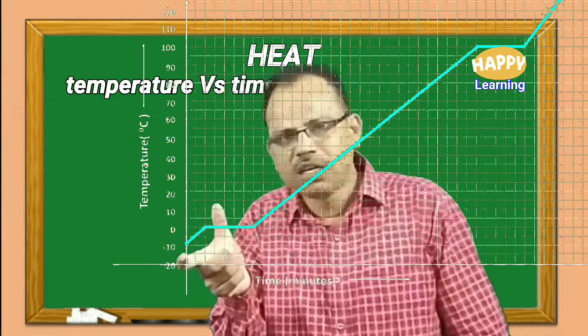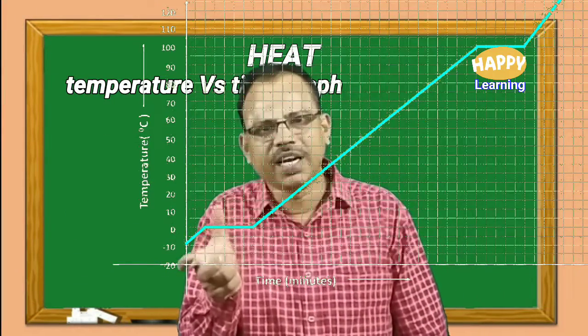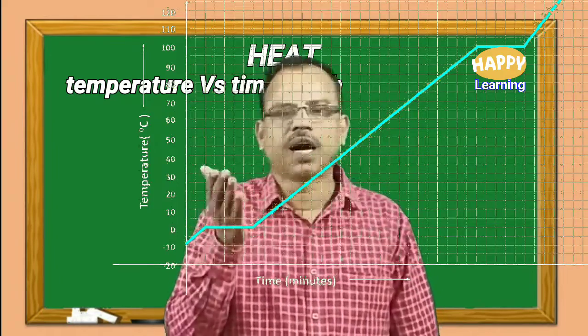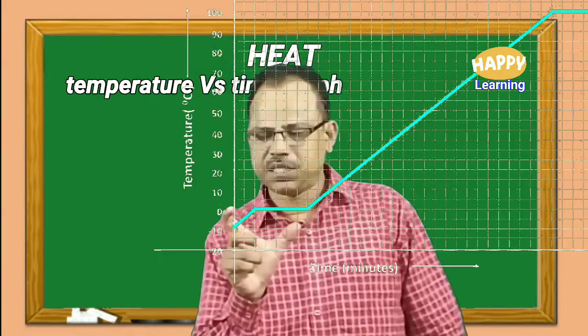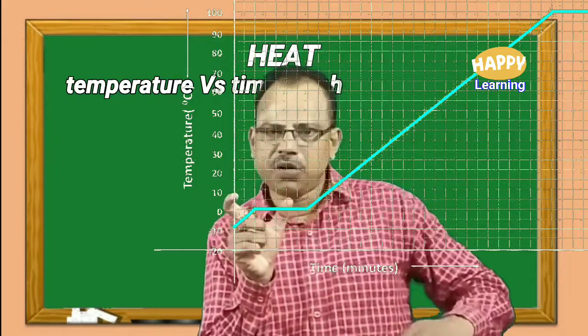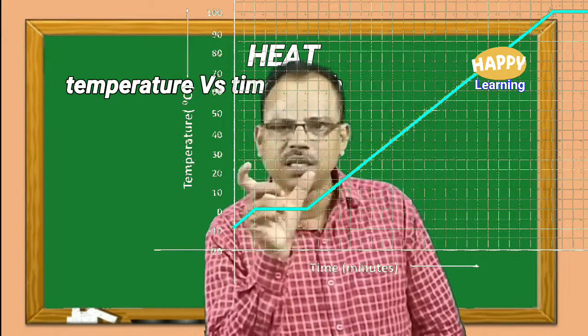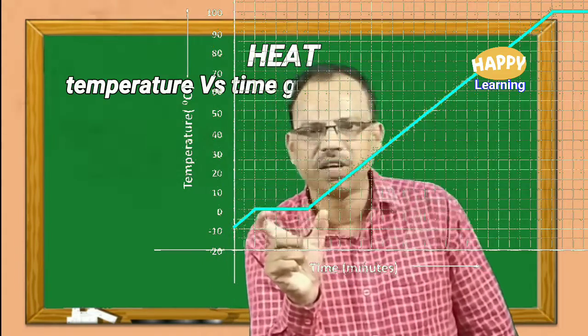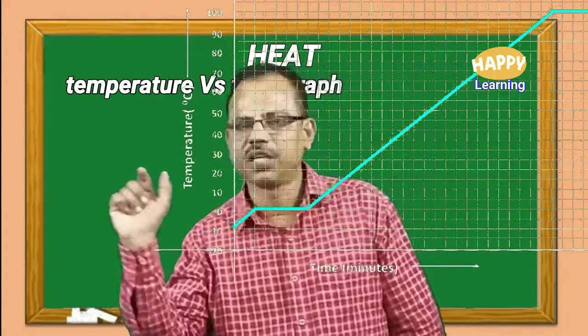So, the initial positive slope part indicates rise of temperature from -10 degrees Celsius up to 0 degrees Celsius. This flat part, parallel to horizontal, represents the phase change, conversion of solid into liquid, where the temperature is 0 degrees Celsius.